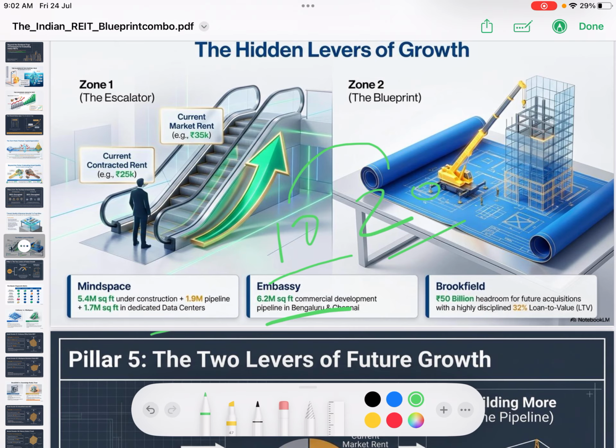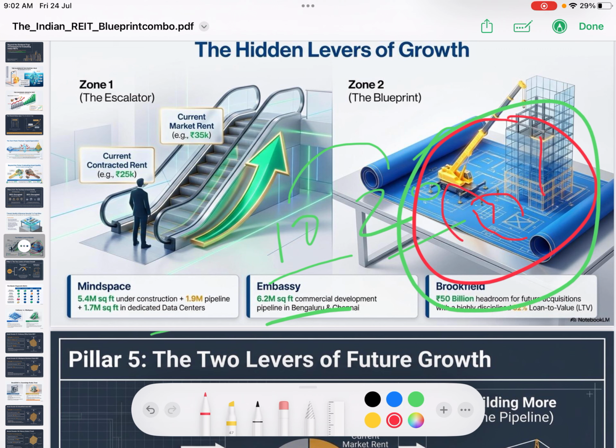Suppose they have this total area, which I will mark in red, and they have this one building standing. So they have these empty areas. If they feel they need to build another building, they already have the approvals. They just have to build it, and for that they already get pre-sale customers like GCCs.